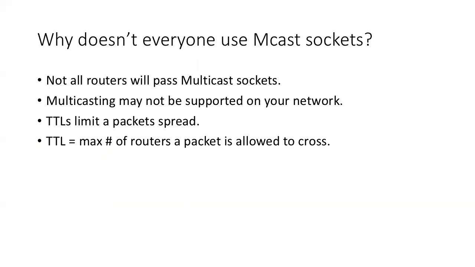So we have a TTL, a time to live, and that is equal to the maximum number of routers a packet can be permitted to cross before it is blocked. And so you usually have that limited at about 3, perhaps up to 6, and then at the end of the day, it's done. And when you establish your routers to pass those multicast packets, you're establishing what's called the M-bone, or multicast backbone.